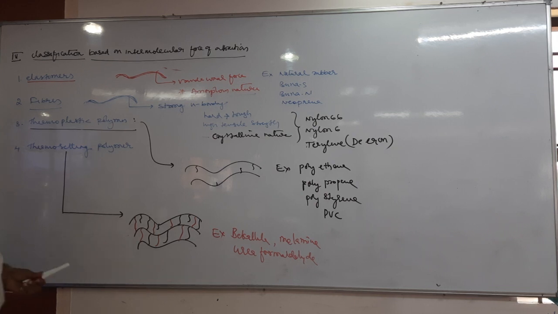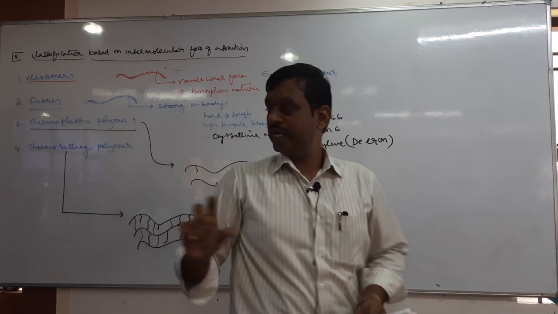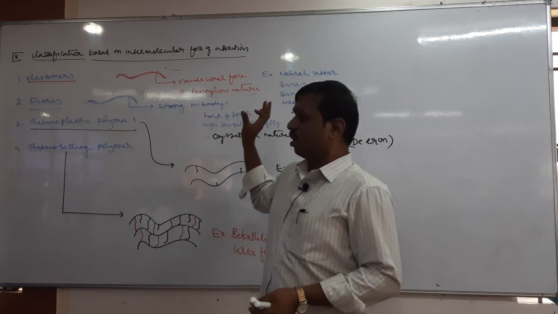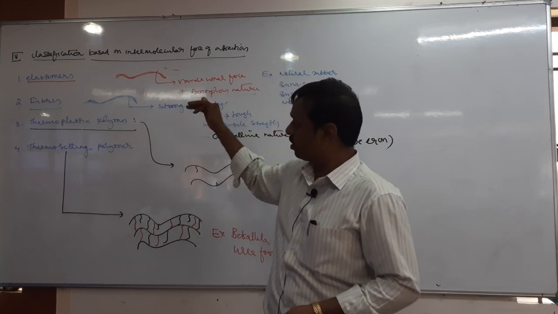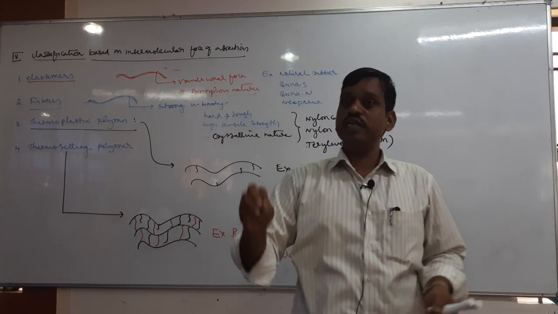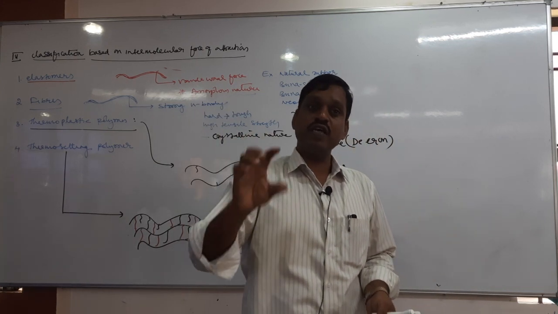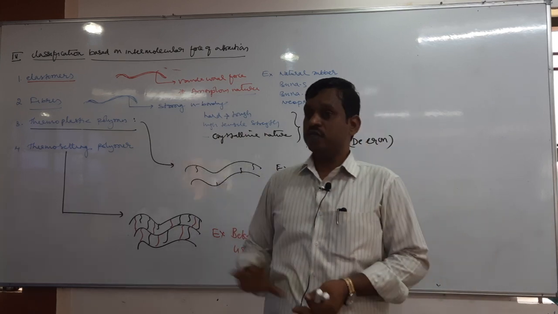Once again, based on intermolecular forces, polymers are classified into elastomers, fibers, thermoplastic, and thermosetting polymers. Among these four, which has strong hydrogen bonds? That is fibers.